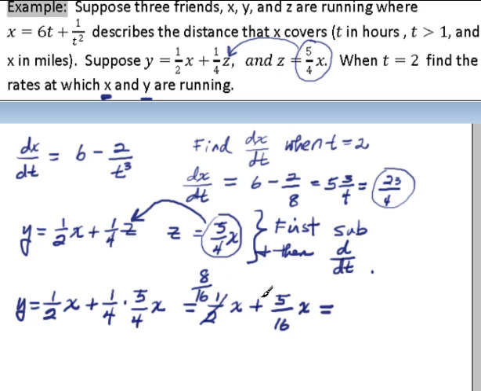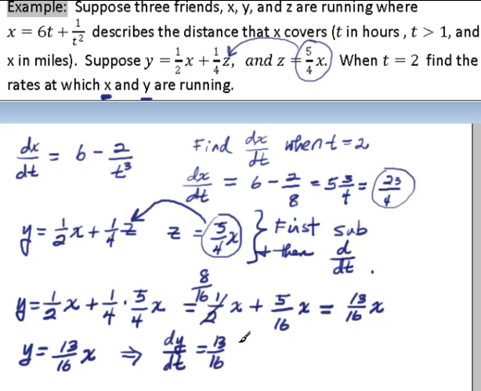So we're adding 8 over 16 plus 5 over 16, so we have 13 over 16 x. So let me rewrite this. We have a simple equation, y is equal to 13 over 16 x. So that means now we can differentiate: dy/dt equals 13 over 16 dx/dt.